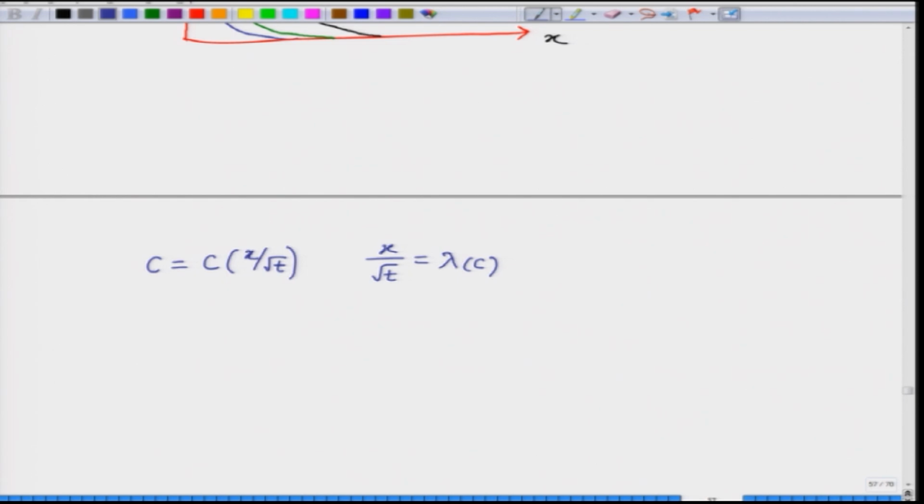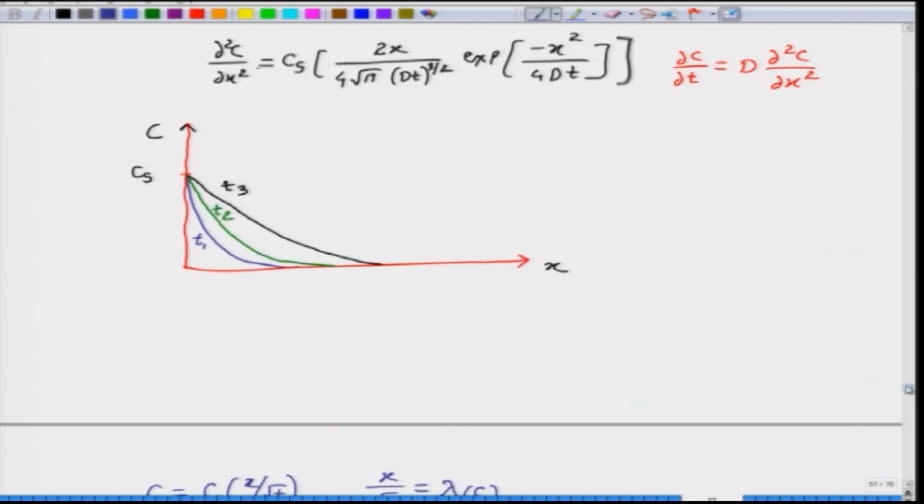What does it mean physically? So, if we track a particular concentration, let us say we want to track the concentration C i, the depth at which the concentration is C i at different times, let us say t1, t2, t3, and let us denote the depth at which we see C i as x1, x2, x3 at t1, t2, t3 respectively.